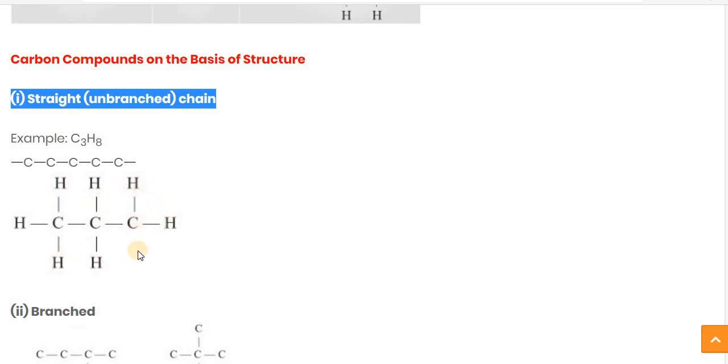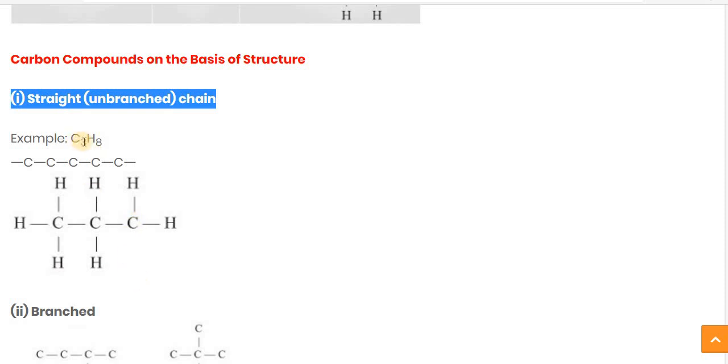One more hydrogen is over here, but it is not given, so consider that one hydrogen is there also. Then the valency of the carbon is satisfied, as we previously discussed that carbon valency is 4. Here only 3 has happened, so there must be one hydrogen over here.